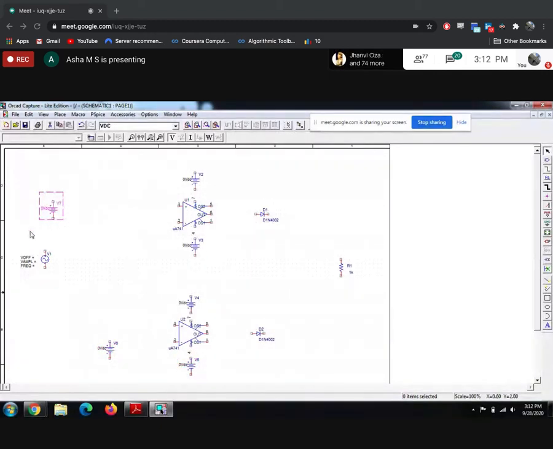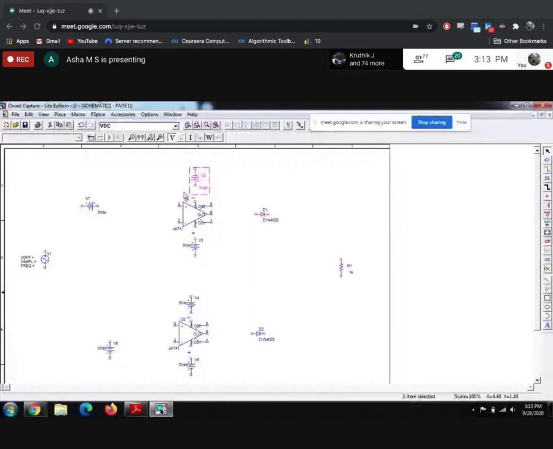Wherever rotation is required, rotate it. Here rotation is required. From pin number 3 of the op amp, it is connected to the positive, so rotate it. Then from here it is going to connect to the positive side, so rotate this.